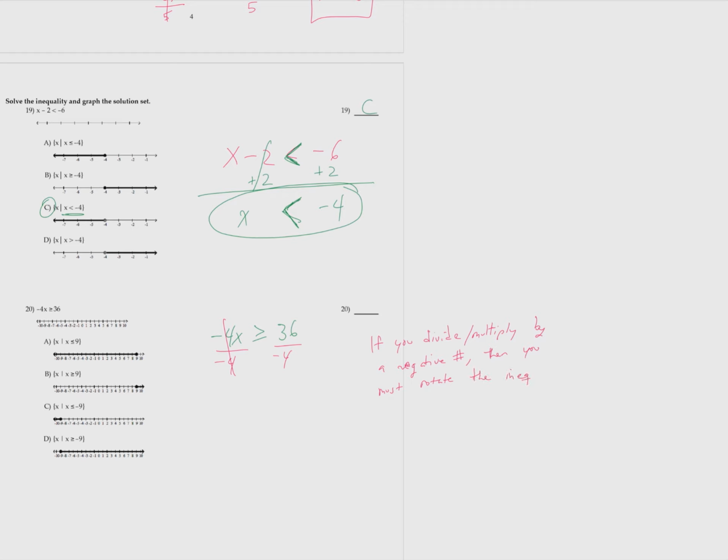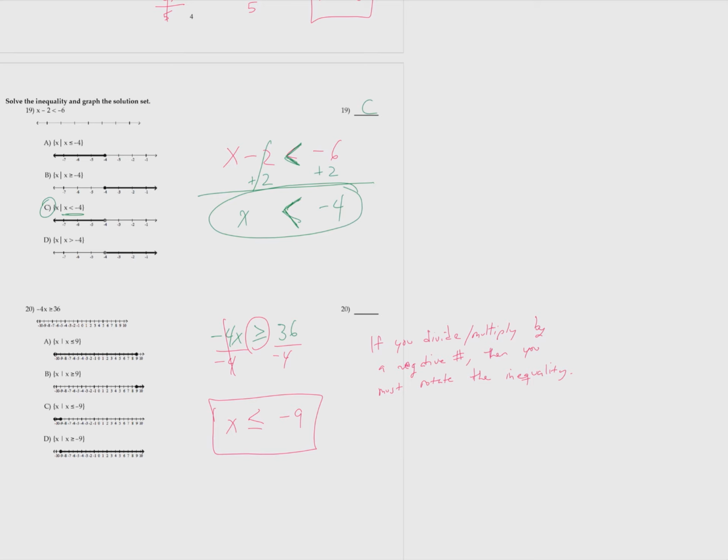Remember the last class we had together, I spent a good amount of time explaining why. But for now, we're just going to remember that it does rotate. So it's going to say x, and 36 divided by negative 4 is negative 9. But this symbol does not stay greater than or equal to. It's actually going to rotate and become less than or equal to. And now we got the right answer. And it's negative 9, by the way.